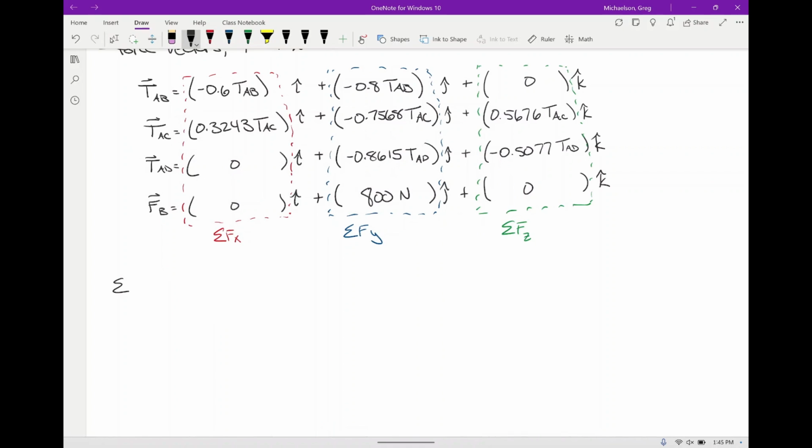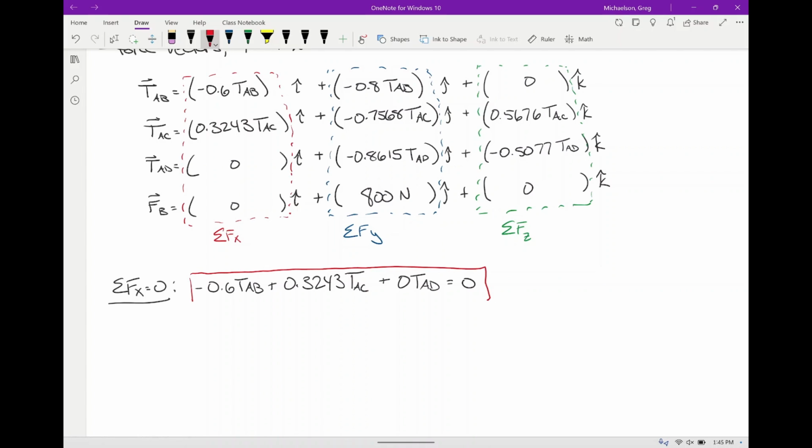So I can start that down here. If I sum the forces in the x direction, I'm going to get negative 0.6 TAB plus 0.3243 TAC. There is no TAD term, so I'm going to go ahead and put 0 TAD, just so I have that term for when I write this in matrix form. And so we'll call this equation 1.